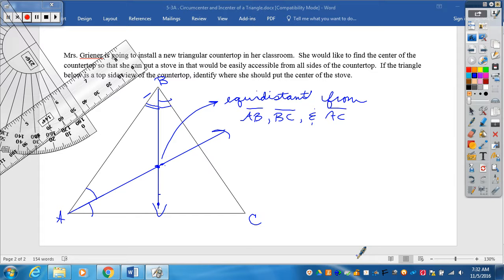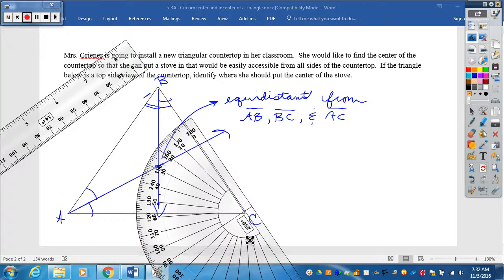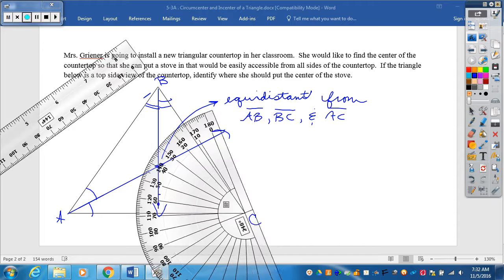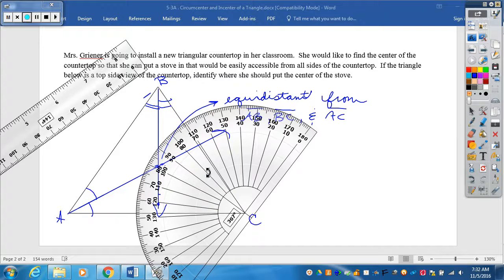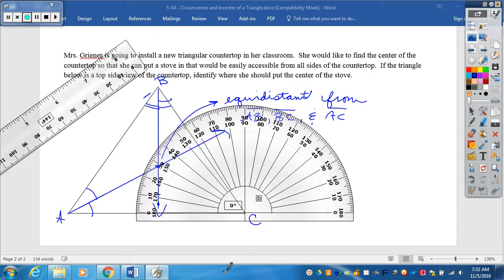Now, if I go ahead and draw in the last angle bisector, let's see how accurate I was here. Looks like 56 degrees, so 28 degrees would be out in there.